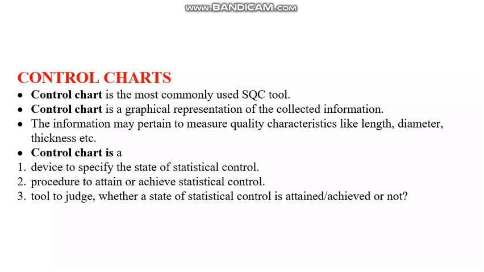Now a control chart can be described as a device to specify the state of statistical control, or a procedure to attain or achieve statistical control, or a tool to judge whether a state of statistical control is attained or not.